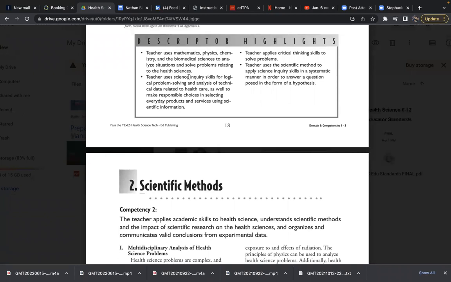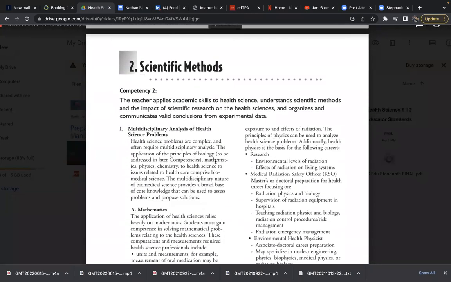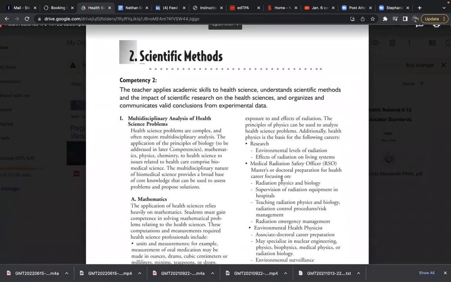You have to know the content-specific, health-specific vernacular, medical terminology, and all that to be able to solve problems and analyze situations. So Competency 2 is about you applying academic skills to health science.